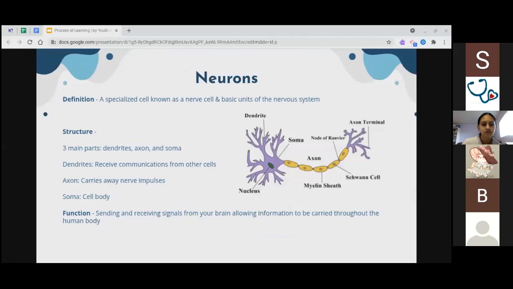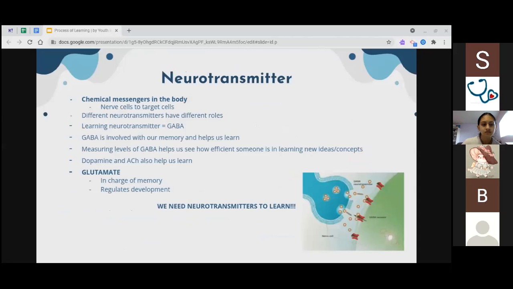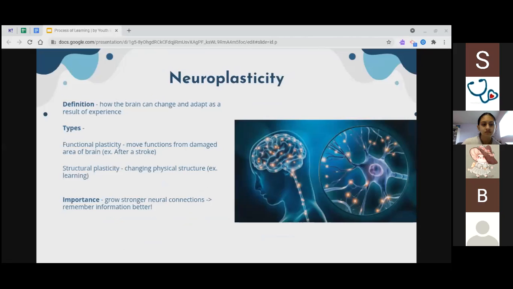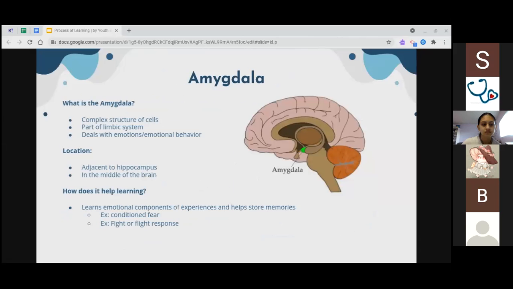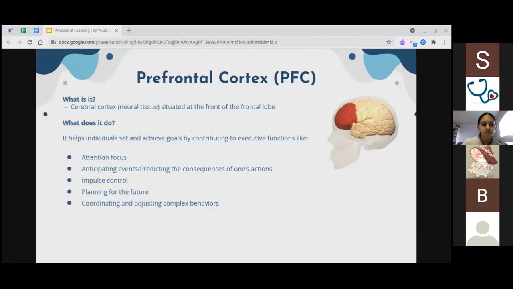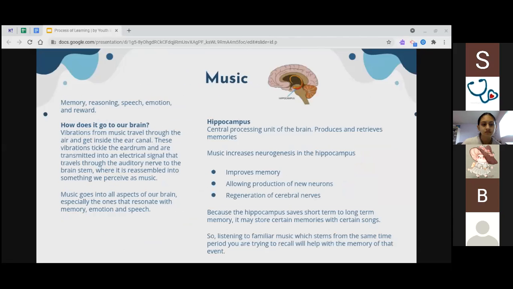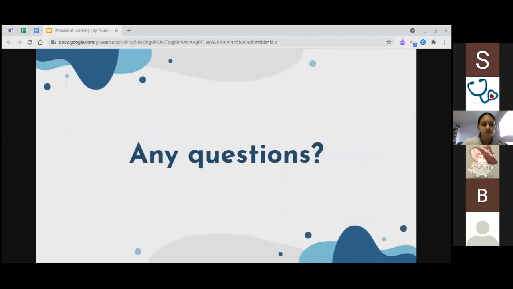And then we talked about neurons, the neurotransmitters involved with learning, and then neuroplasticity, and also the hippocampus and the amygdala, and the prefrontal cortex as well. And then we talked about how music, exercise, food affect a person's ability to learn.